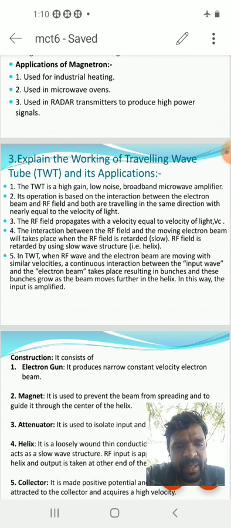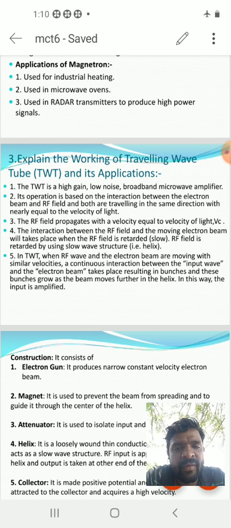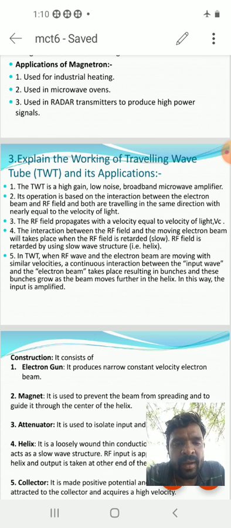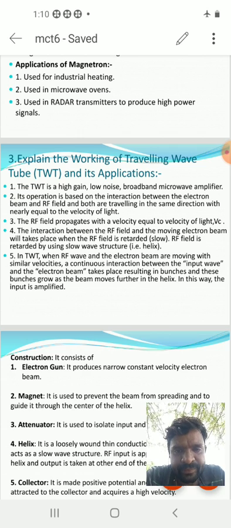The interaction between the RF field and the moving electron beam will take place when the RF field is retarded, or slowed. The RF field is retarded by using a slow wave structure, a helix. In the traveling wave tube we use a helix to reduce the velocity of the RF field.